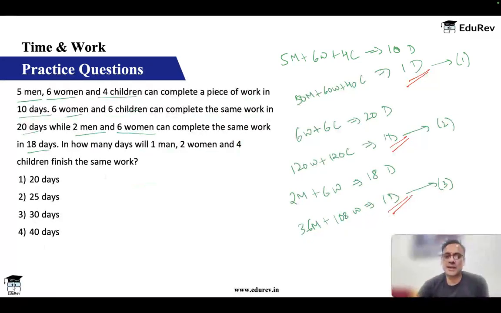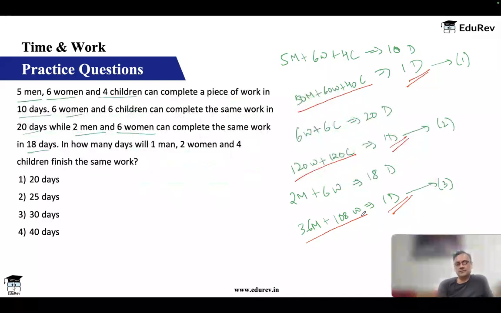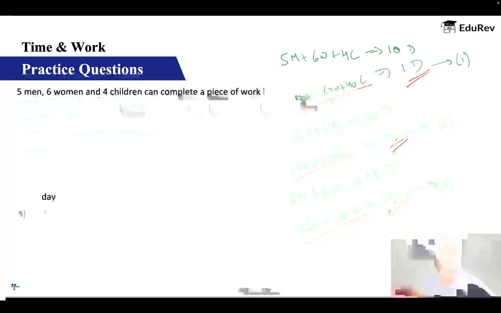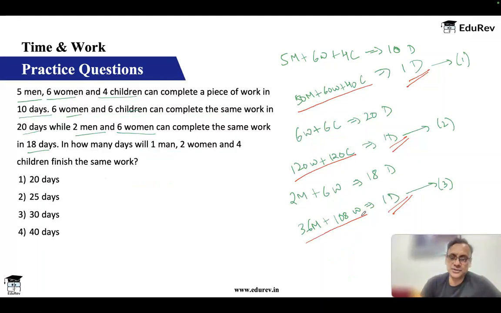So all this manpower is equal to this manpower, which is equal to this manpower. I can say that, because they all are finishing the work in one day. So let's solve them to get our desired ratio.